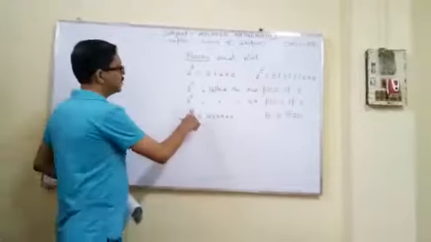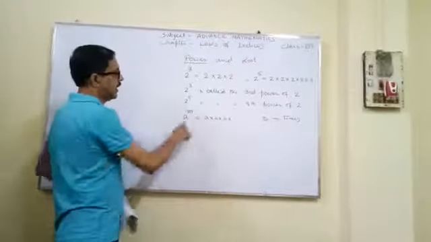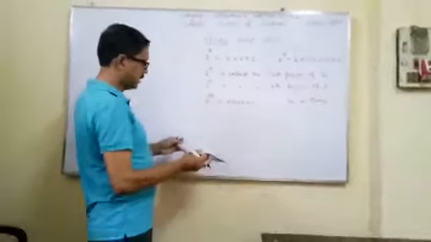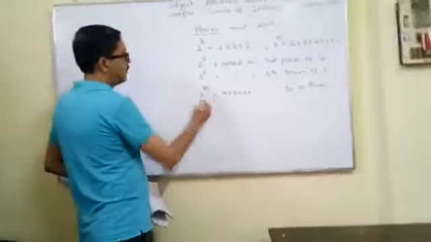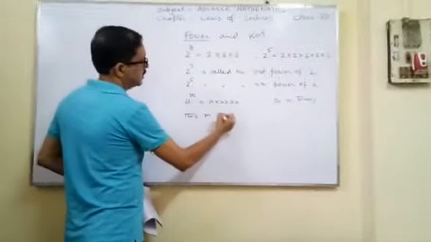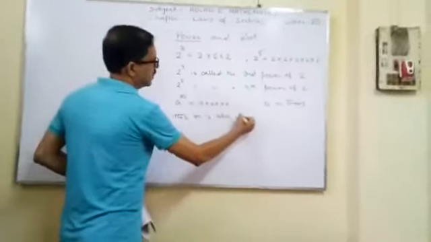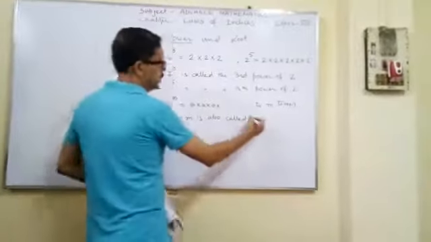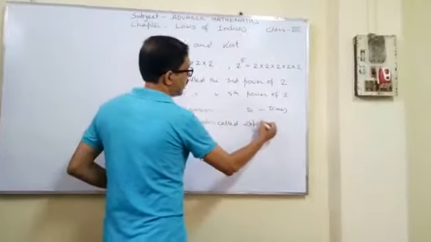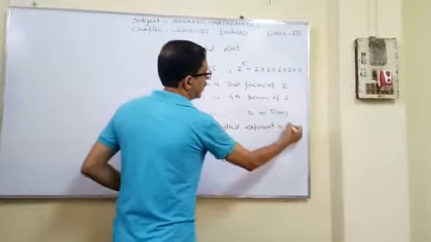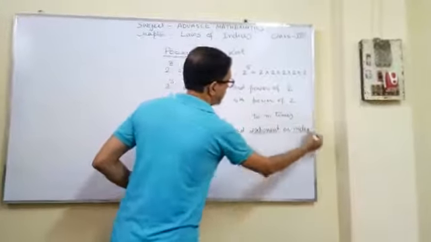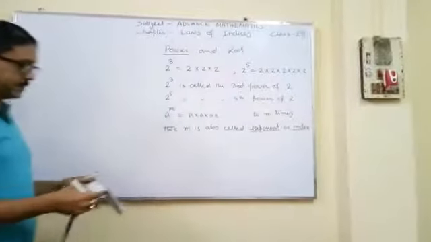Then m is what? m is the power of a, and a is the base. This m, the power m, is also called exponent or index.